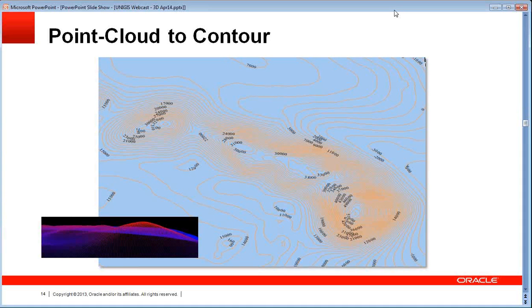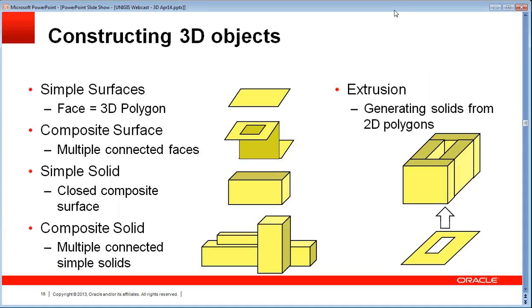In the interest of time, I'll skip to the next topic, which is how to make use of the additional functionalities around 3D data once you have processed your point cloud and generated additional information, additional objects from that.